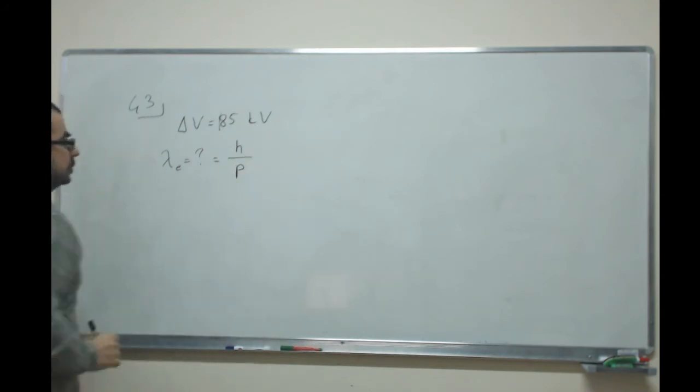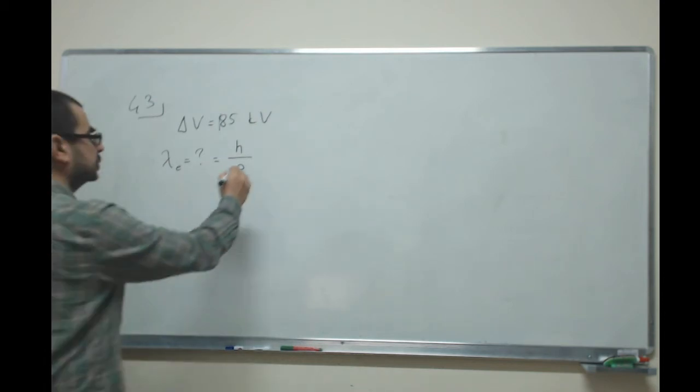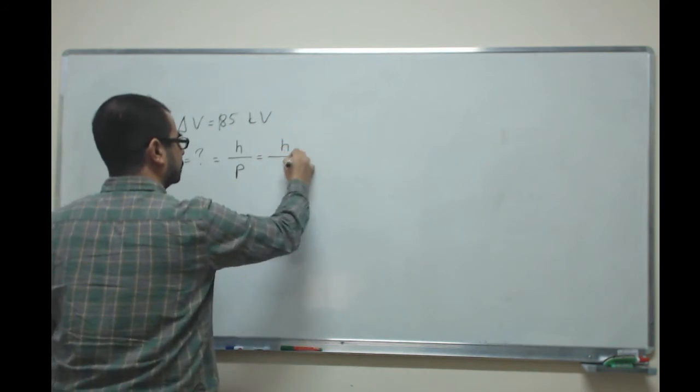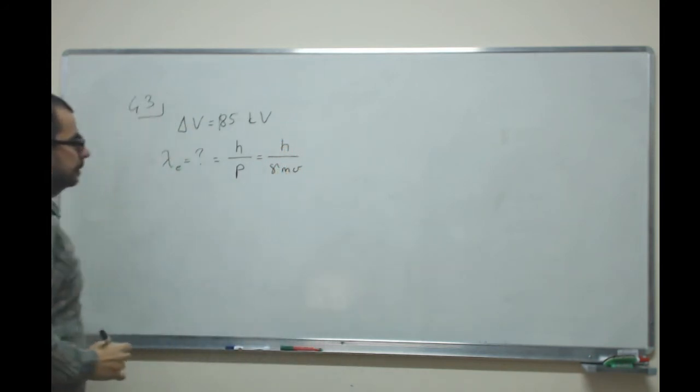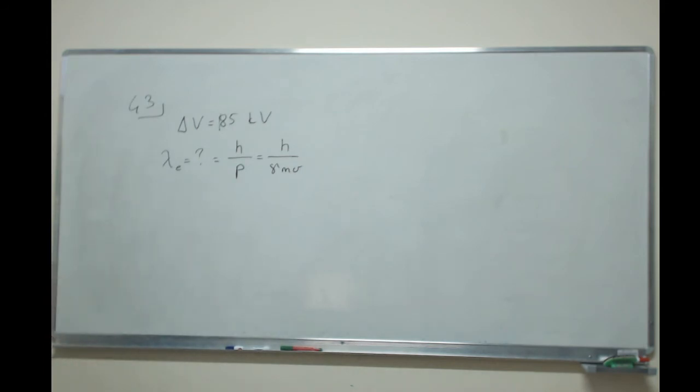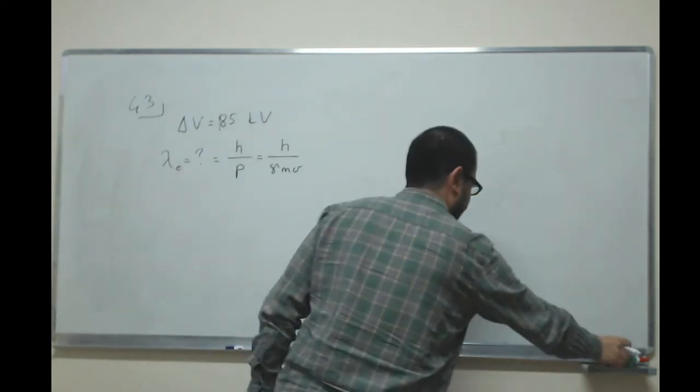So to do this, we need to calculate the momentum of the electrons, and they are telling us to use the relativistic formulae. So this is going to look like h over gamma m v, maybe not necessarily this, but we need to have some gamma. Actually, this is not a good way to obtain this.